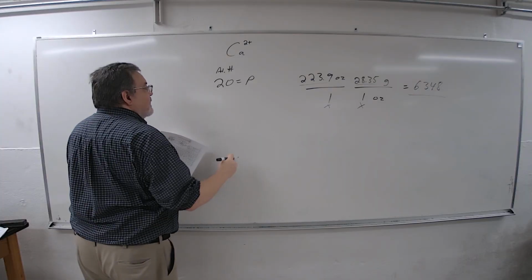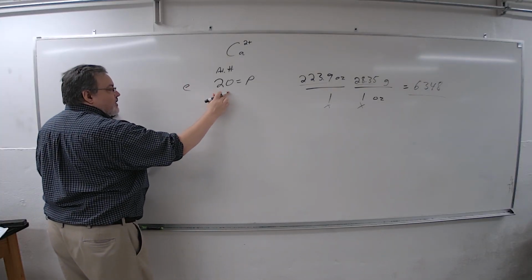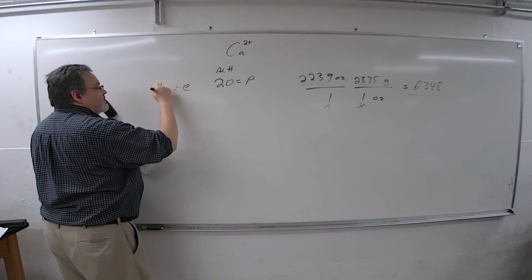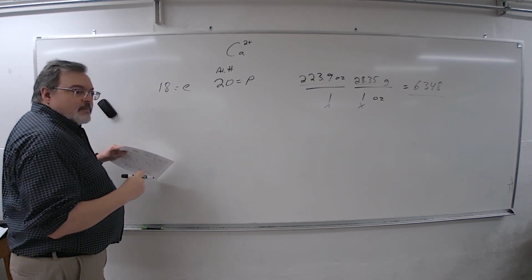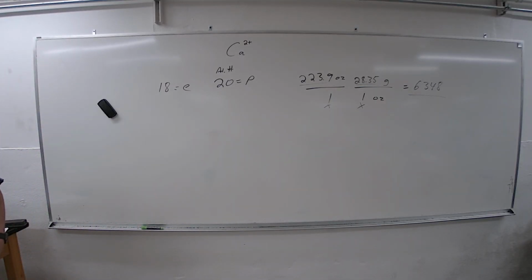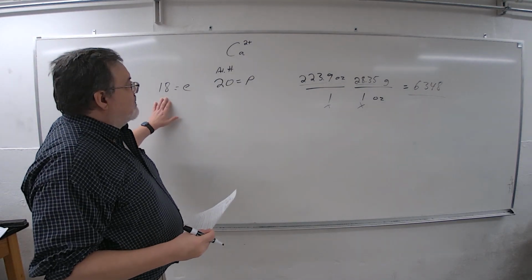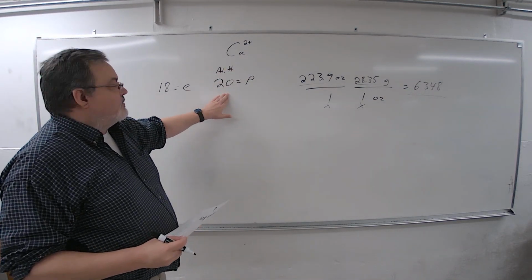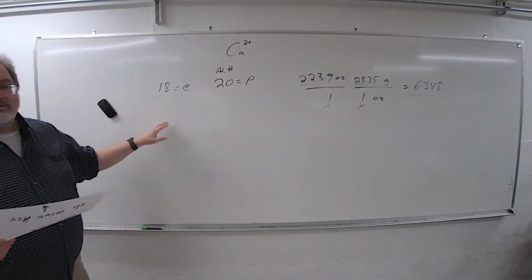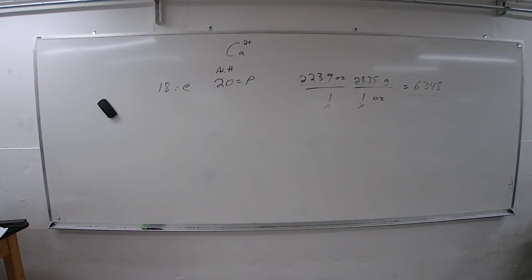The number of protons in calcium 2+, though, the ion, it has lost 2 electrons. So the electrons are 18. Some people missed those. Does that make sense? For the neutral atom of calcium, it's 20 and 20. But once you get the ion, you still have 20 protons, but you only have 18 electrons. Make sense?